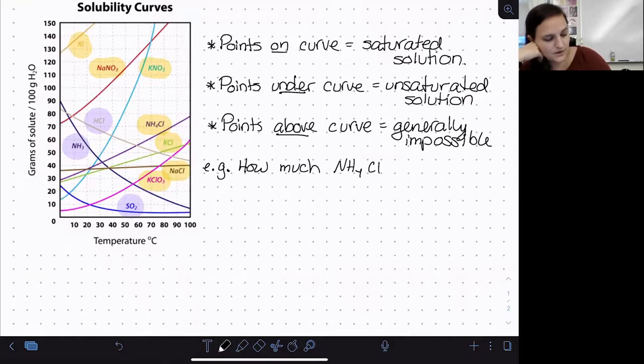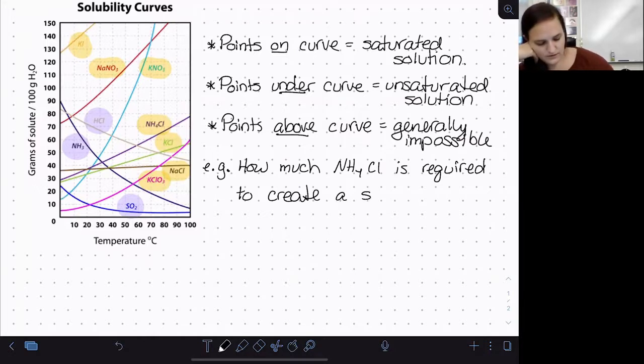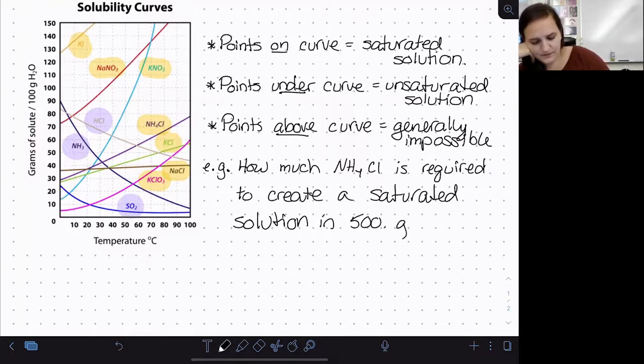So let's do how much ammonium chloride is required to create a saturated solution in 500 grams of water at, let's do 30 degrees Celsius.